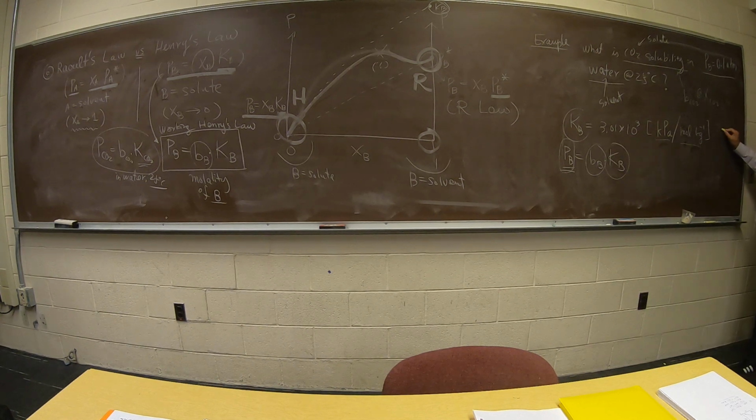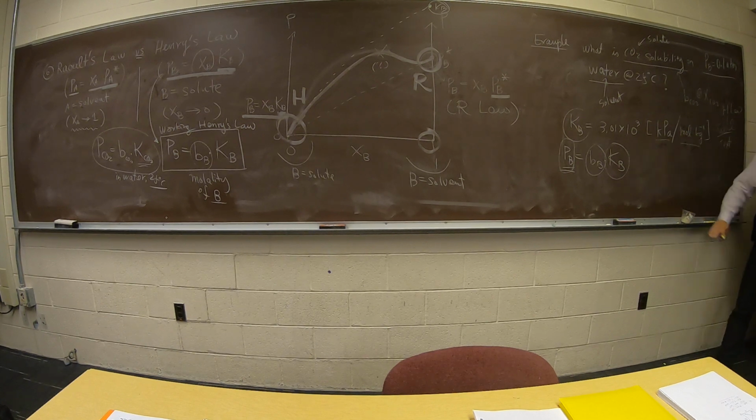Knowing that, I can look at the table. What's the number? It's in the textbook table. If you look at the Raoult's law, Henry's law table, it's showing these numbers.